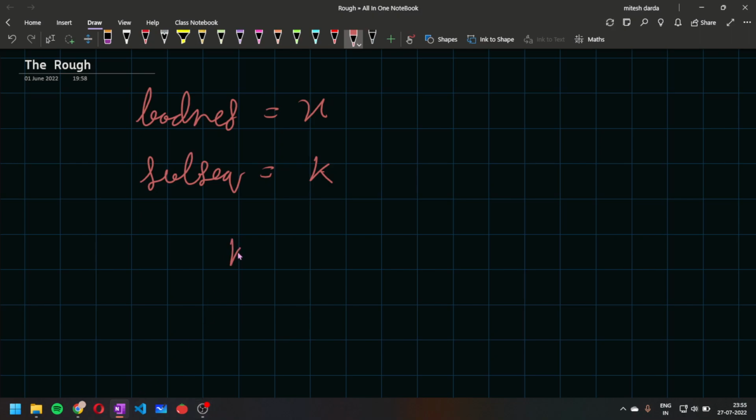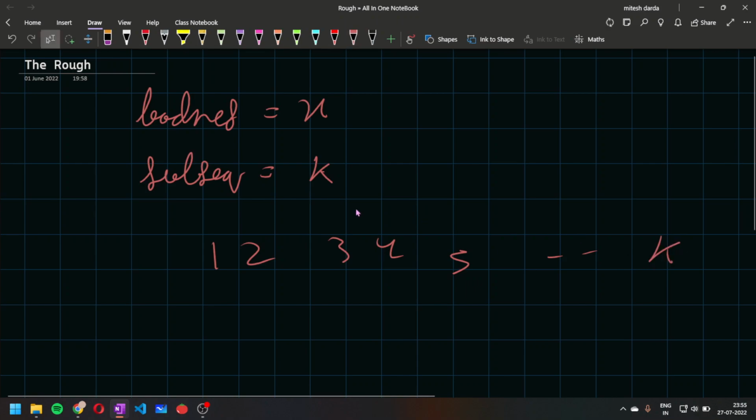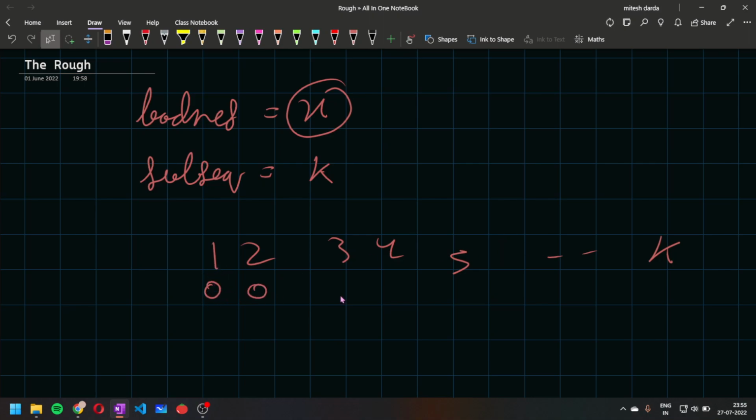So what we can do is, let's say we have 1 2 3 4 5 up till k subsequences. Initially we have taken these subsequences such that individually all of them have zero badness.